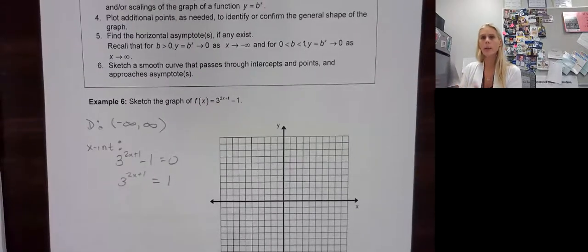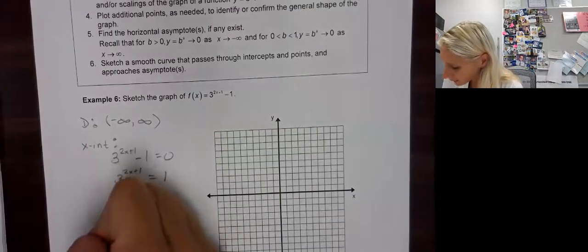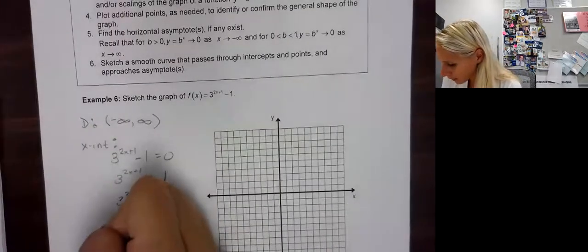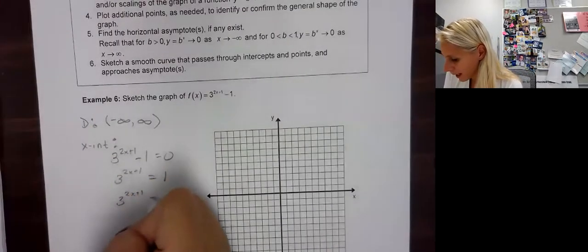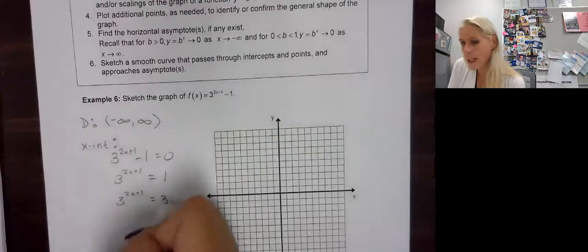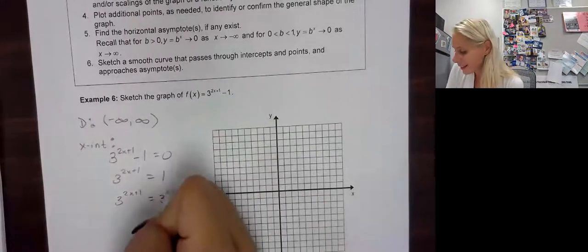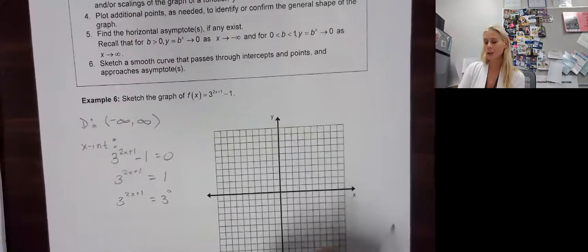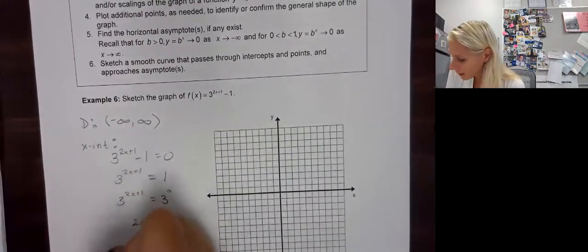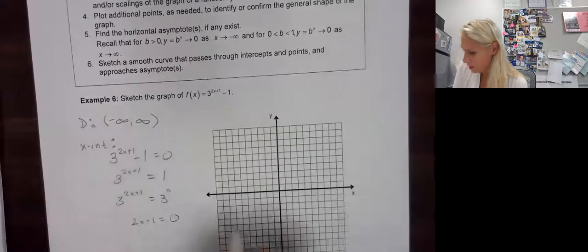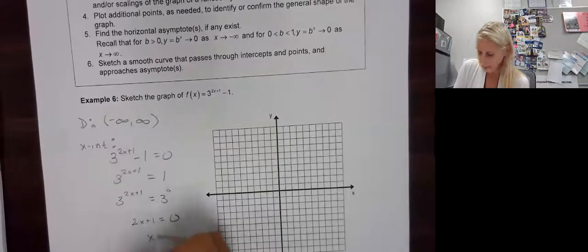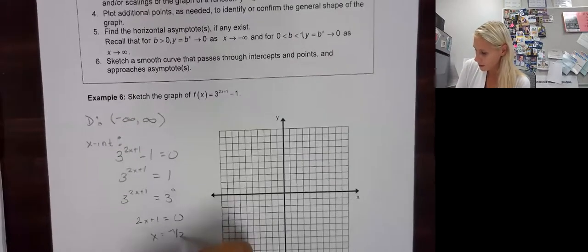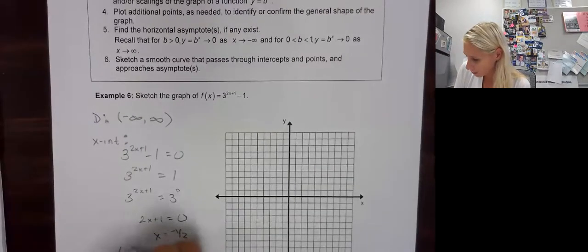You're like, wait a second, we can't get the bases to be the same, but we can, because 3 to the 2x plus 1 stays the same, but 3 to the what would equal 1? 3 to the 0. That was a trick right there. So set the exponents equal. All right, we get x equals -1/2. So remember, that's a coordinate pair, so (-1/2, 0).